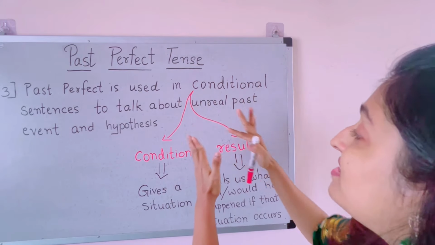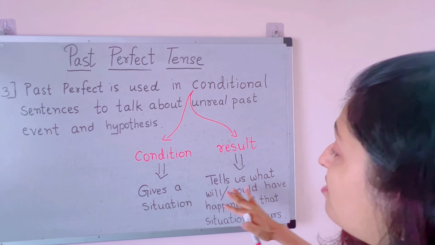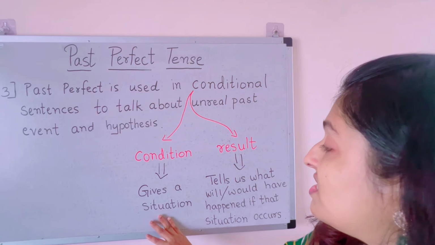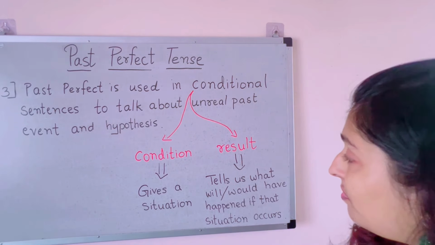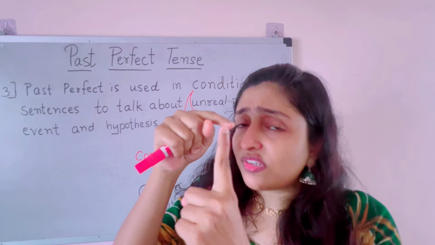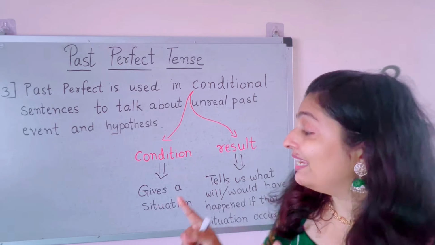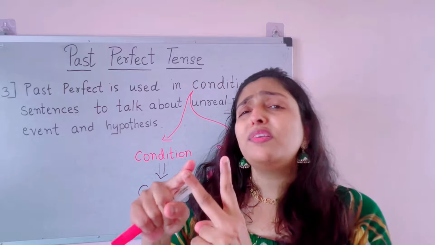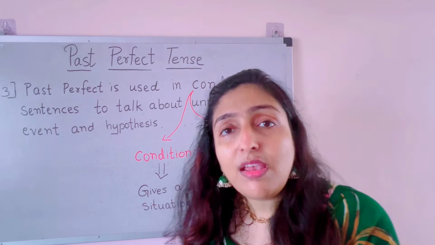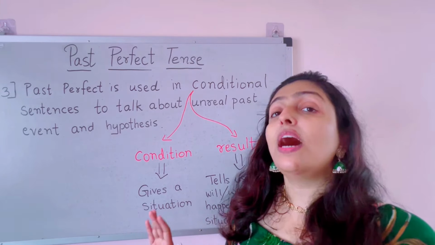The part of result tells us what will happen or what would have happened if this situation occurs. So what does a condition do? It gives us a situation. What does the part of result do? It will tell what will happen or what would have happened if this situation occurs.